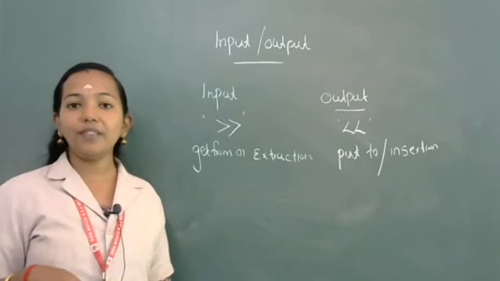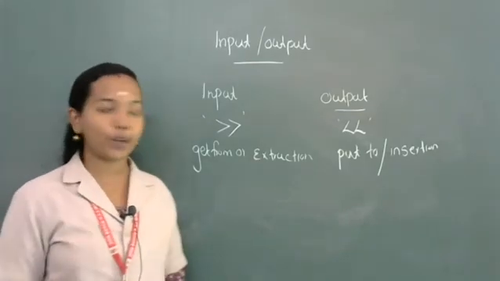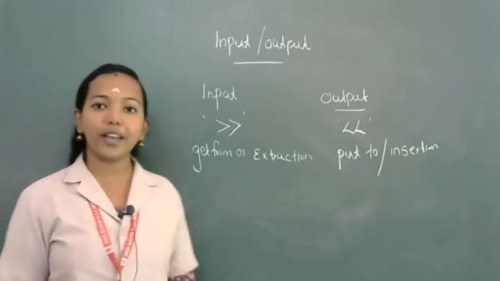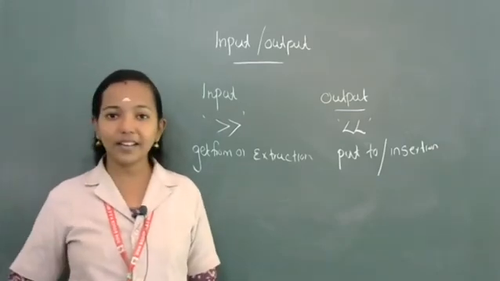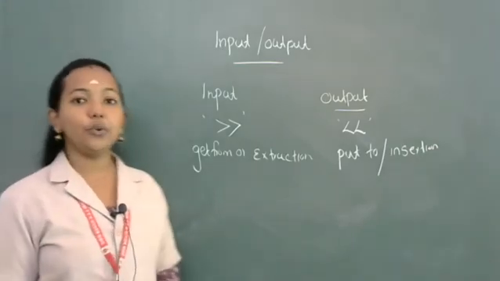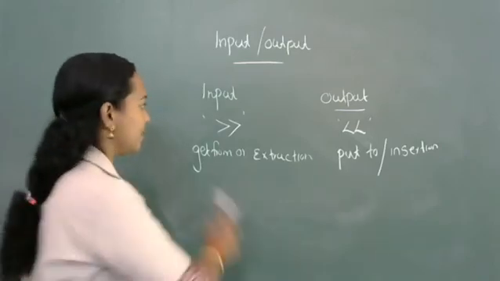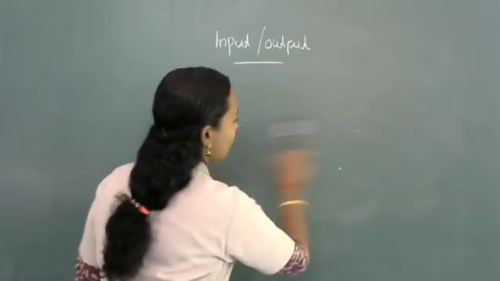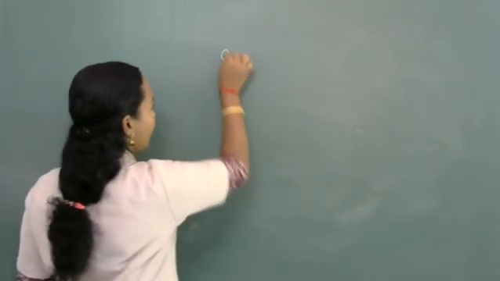For displaying a value through the standard output device, the monitor, we use the output operator, also known as the put to or insertion operator. Clear? So these are the two, input and output operators. Next, another set of operators is the assignment operator.